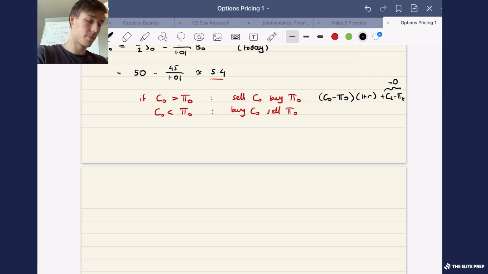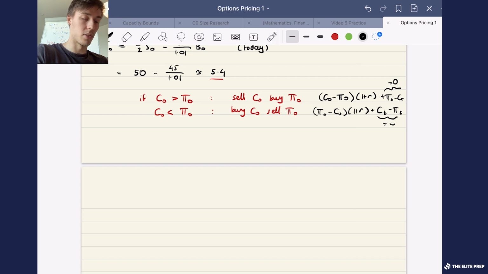In the other case, we would have pi 0 minus C0, again with interest. And then, sorry, in the first case, we had pi t minus CT because we bought the portfolio pi 0 and we sold the call option. And in this case, we bought the call option. So we have plus CT minus pi t.